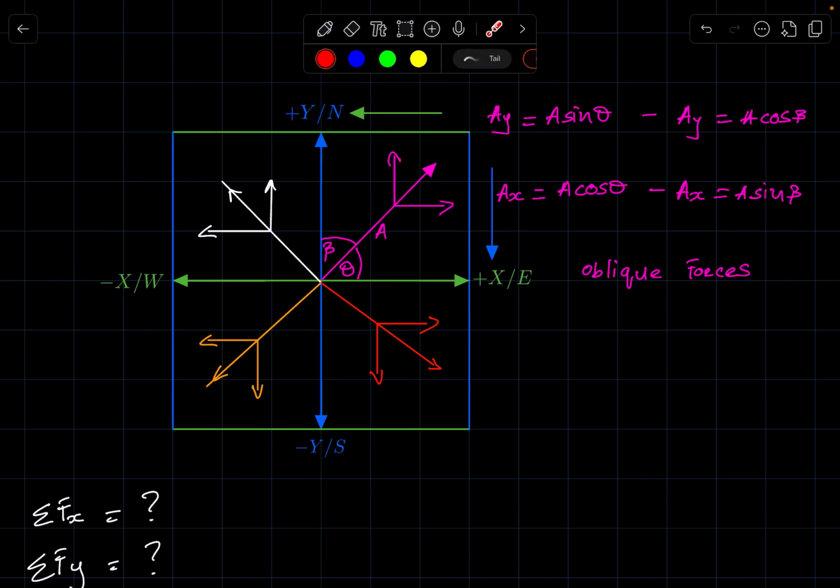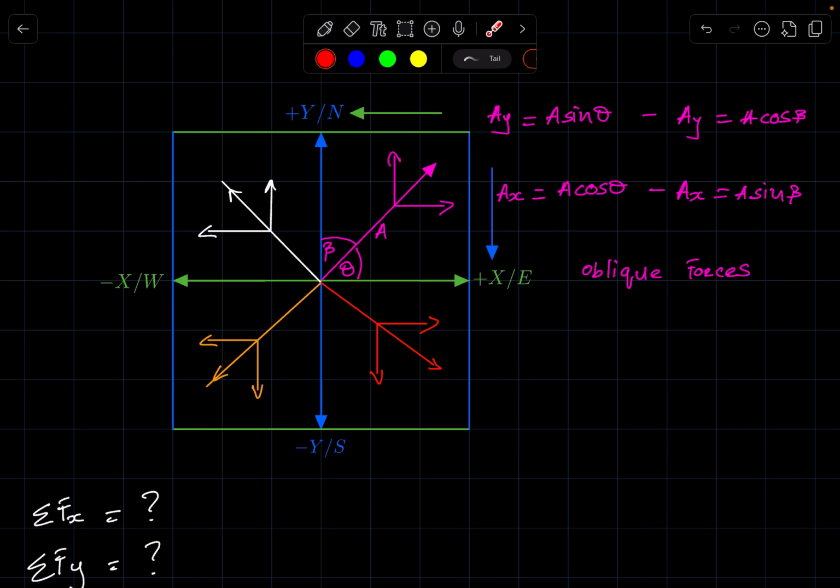So how you express the component of an oblique force depends on the angle that you are using. If the angle is referenced from the x-axis, then the x component will be in terms of cos, and the y component in terms of sine. Whereas if the angle is referenced from the y-axis, then the y component will be in terms of cos, and the x component in terms of sine.